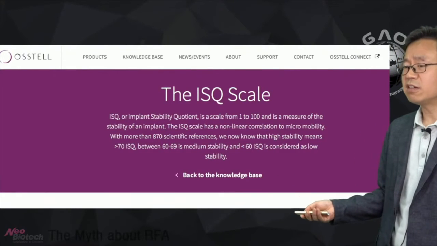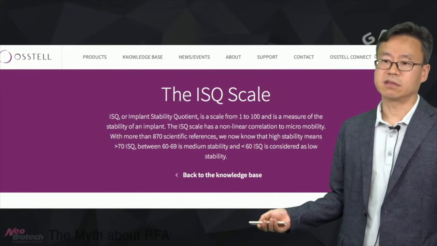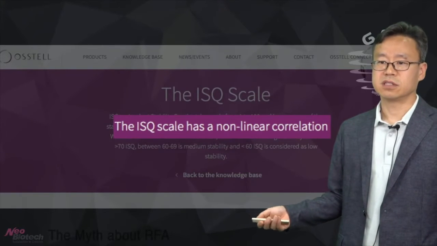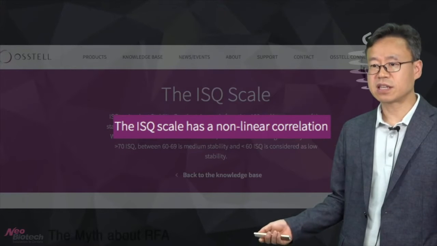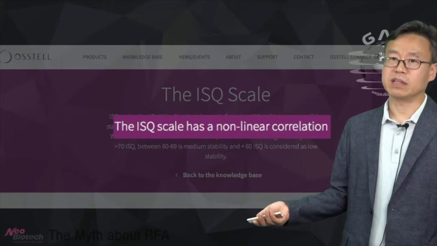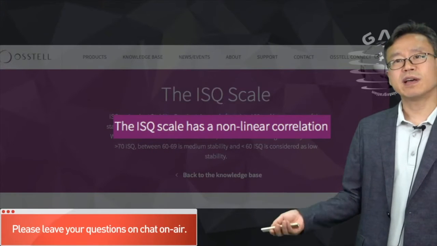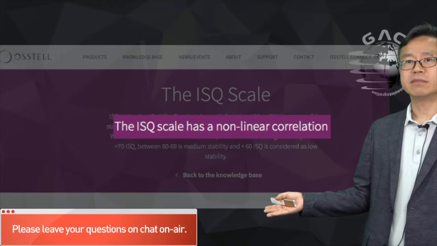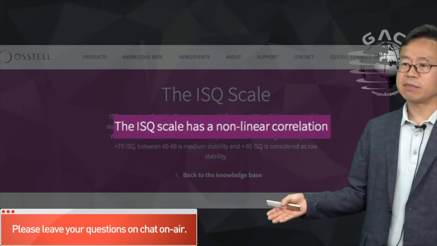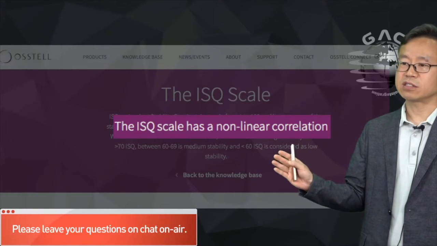And this is clearly stated on the website of Osstell. It says the ISQ scale has a non-linear correlation to the mobility. It means this: between ISQ values 40 and 80, 80 does not mean the implant mobility is half of ISQ 40.